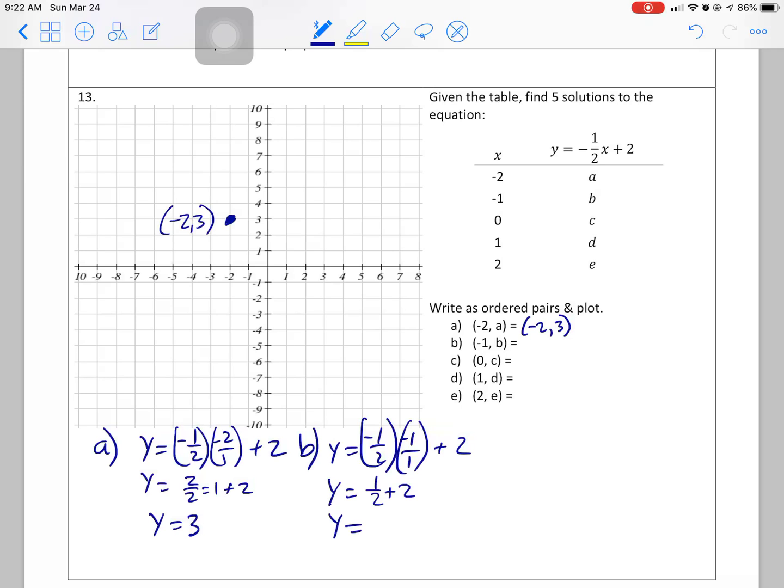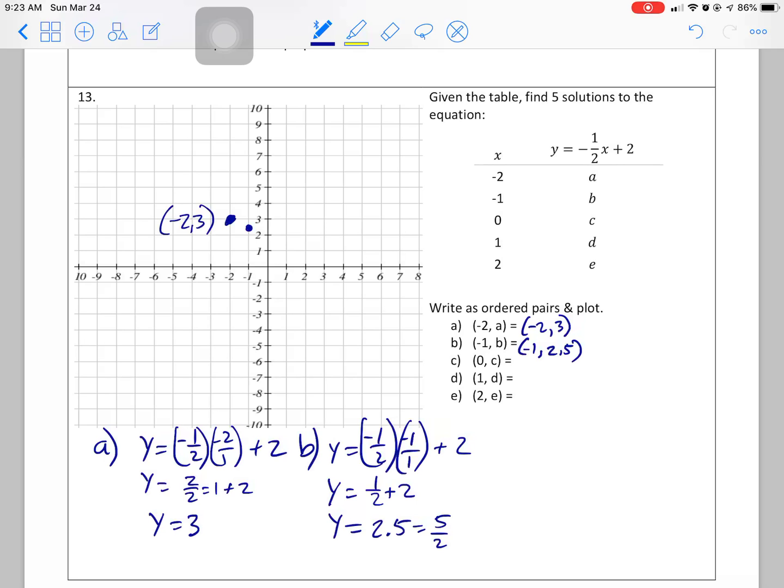You can go with 2.5 for these, because it's a little hard to graph 5/2. So that'd be the one time I would say you should do some decimal things. So negative 1, 2.5 is kind of like right there.